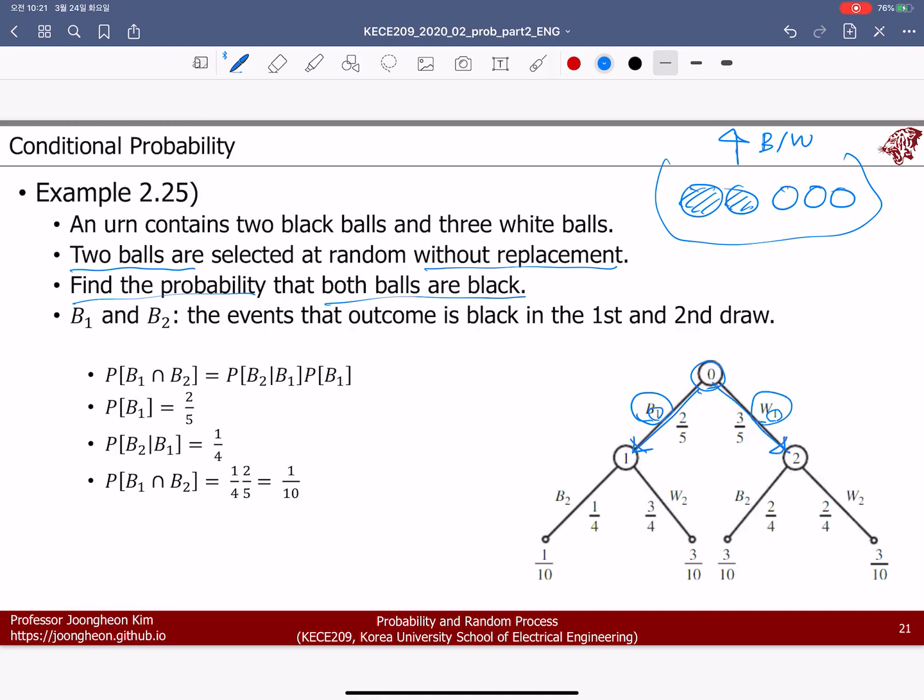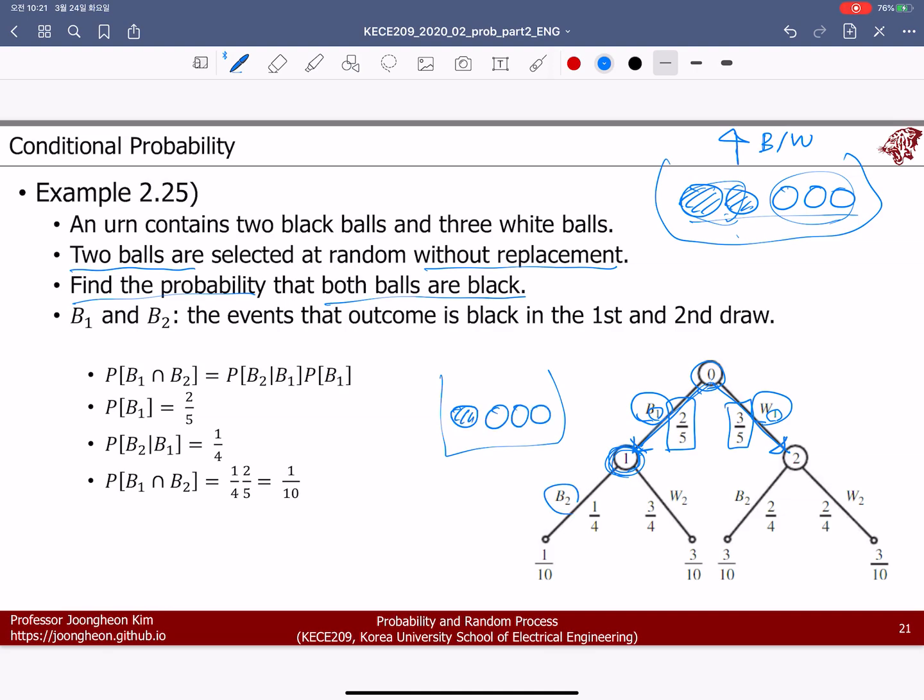When you take the black, the probability will be 2 over 5. When we take the white, the probability will be 3 over 5. When we are here, black was taken in the first trial, so we only have 1 black and 3 white.